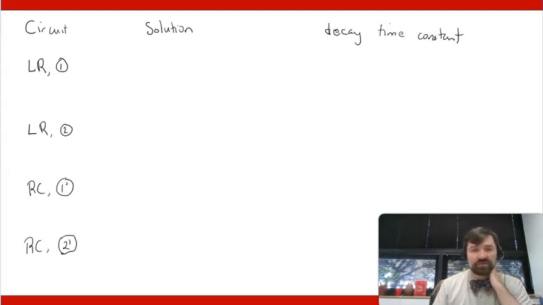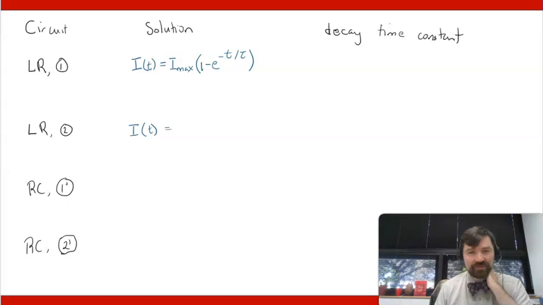Okay, so the solution here ends up being current as a function of time is the maximum current that we're going to build up to times 1 minus e to the negative t over tau. This one right here, current as a function of time, is the initial current, I naught, e to the negative t over tau.